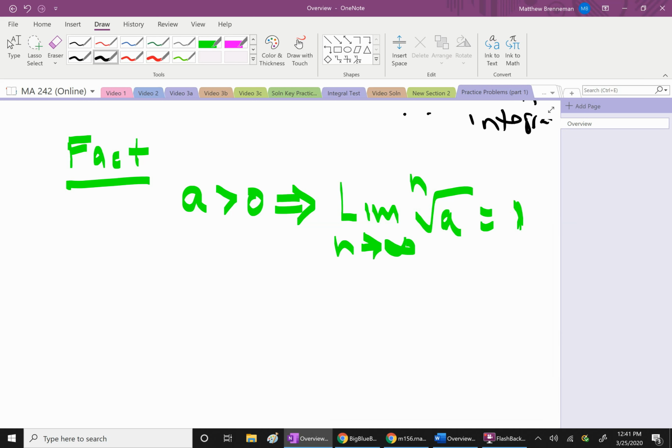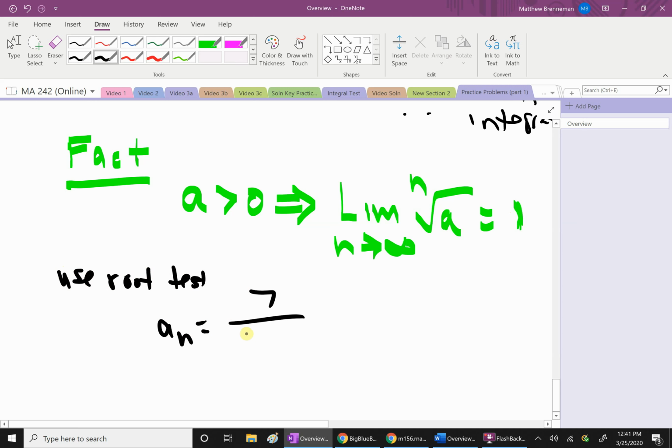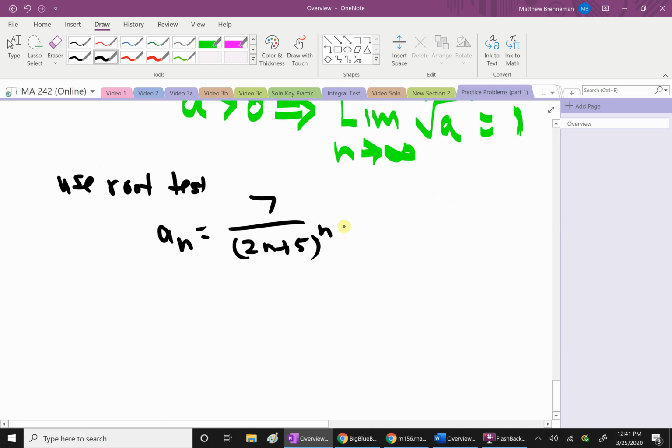So I'm going to use that fact. I'm going to use the root test. Here my a_n is (7 over 2n plus 5) raised to the nth power. The root test tells me to evaluate the limit as n goes to infinity of the nth root of a_n.